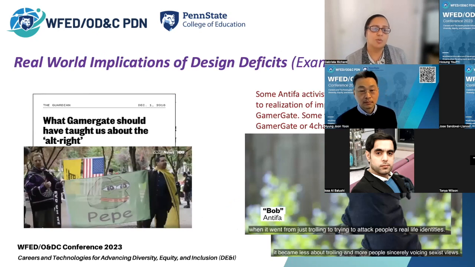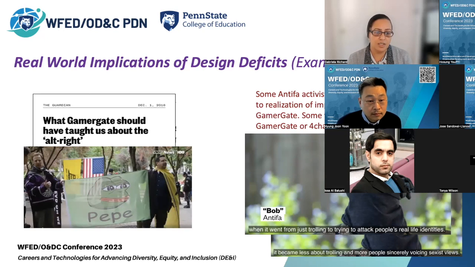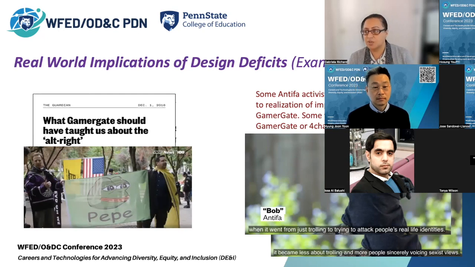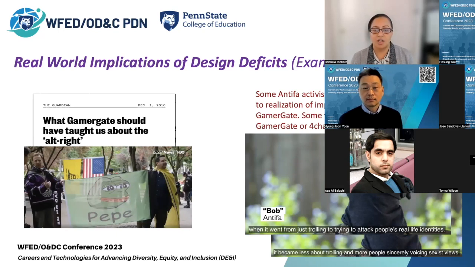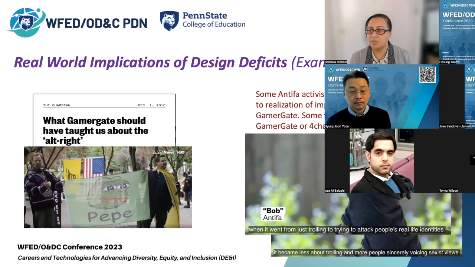So some of the real world implications of these design deficits appeared about 10 years ago when Gamergate happened. Gamergate was a social media fueled attack primarily on women who were game developers, women in games journalism, and even some female game players.